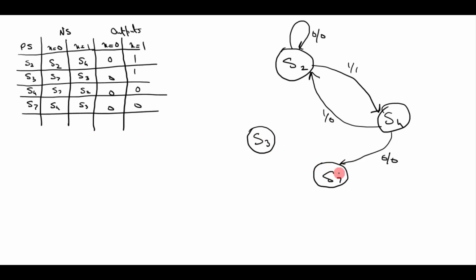Now at S7, if you apply 0, you move to S4, your output is 0. And when you apply 1, you move to S3 and your output is 0.